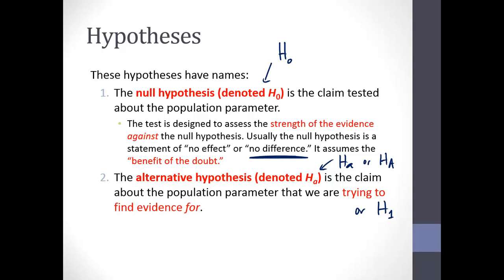That's saying the other thing. If the null hypothesis says there is no difference, then the alternative hypothesis says that there is a difference. My alternative hypothesis is what I'm trying to find evidence for. If I'm trying to show that there is a difference, that's what I'll say here in my alternative hypothesis.